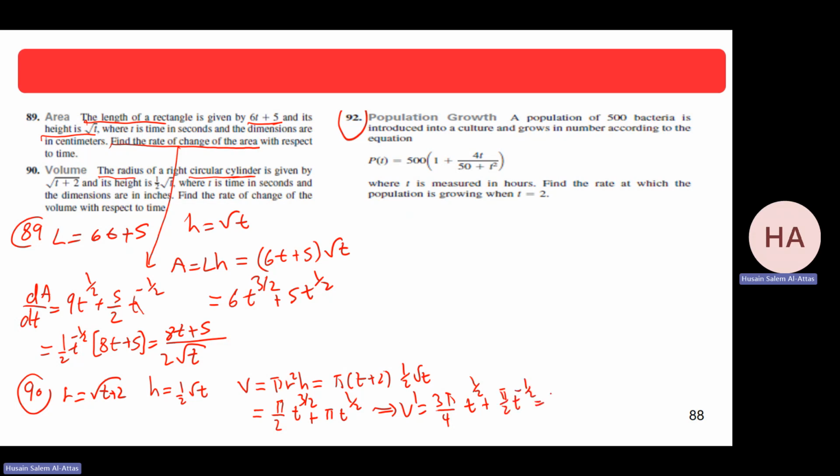I can take pi over 4 t to the power minus half as a common factor. The remaining is 3t plus 2. So I can write it as (3t plus 2) times pi over 4 square root of t.